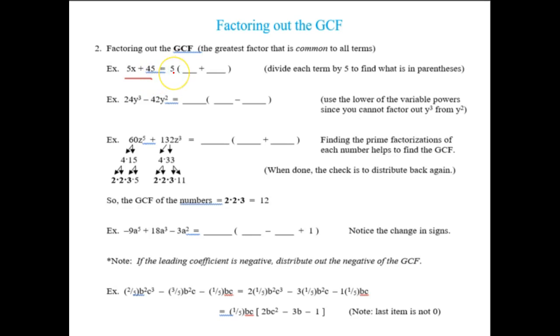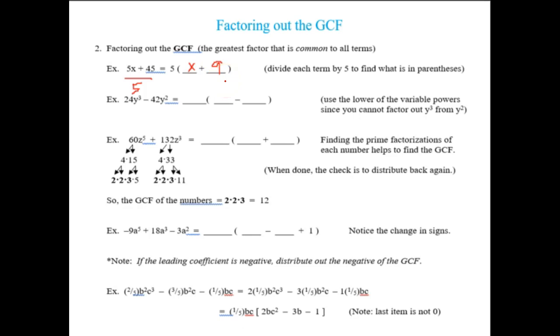So I put the 5 outside, and it's like we're dividing each thing by 5. 5x divided by 5 is just x, and 45 divided by 5 is 9. So the answer is 5 times parentheses x plus 9.